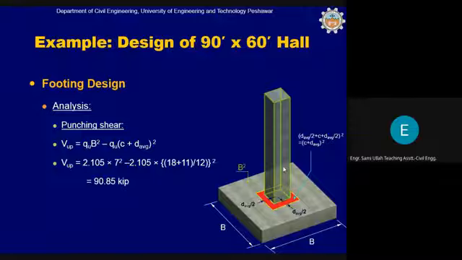The punching shear value can be calculated from this equation: QUB square minus QUC plus D average. Instead of calculating this punching shear value at the face of the column, we calculate this value at a distance of D by 2 from the face of the column, because the hole will be made here at the boundary of this red area, not at the face of the column.